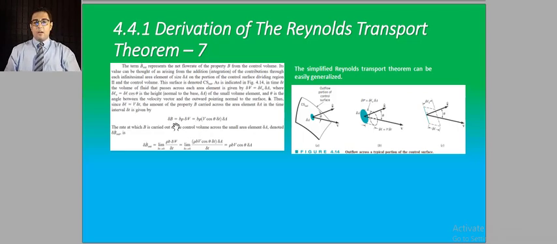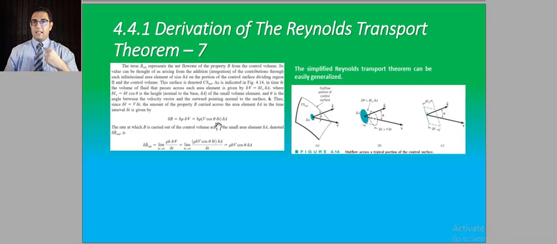As you see in here, when we are going to identify the delta B, we have it as small b rho delta v, which is small m. Delta v itself is comprised once again of delta A multiplied by delta l.